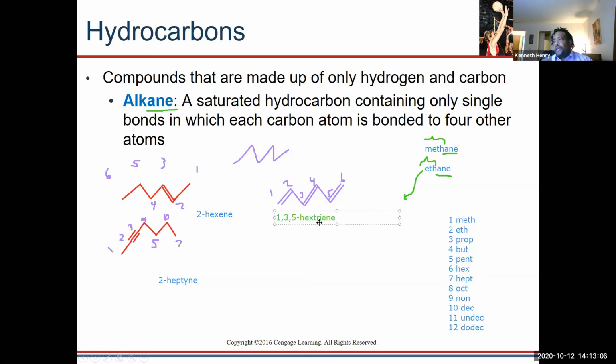We do 1, 3, 5-hexatriene. Piece of cake?